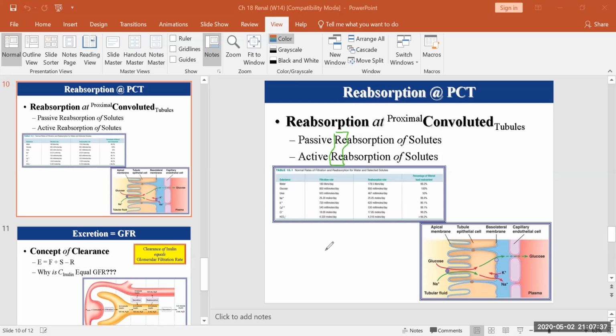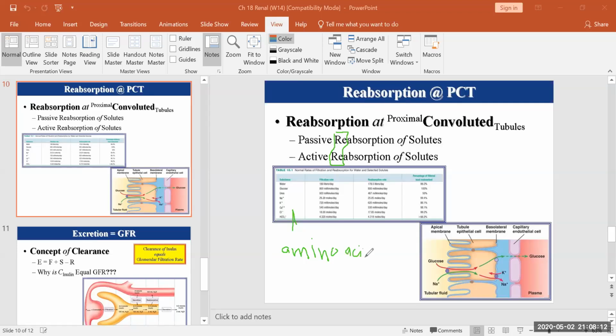Because these chemicals were filtered out, pushed out from the glomerulus, the vascular side, into the tubular side. And unfortunately, we need water, glucose, and all these electrolytes: sodium, potassium, calcium, chloride, bicarbonate. Amino acids, even though not shown on this list, are very critical.